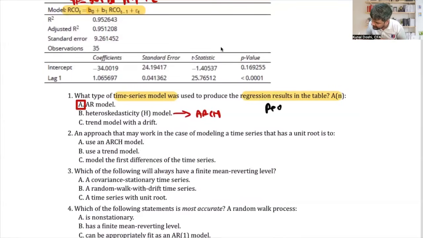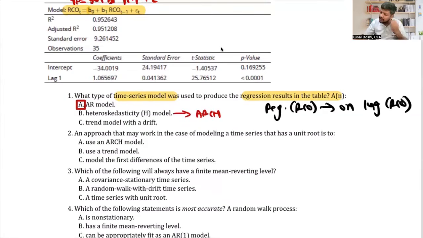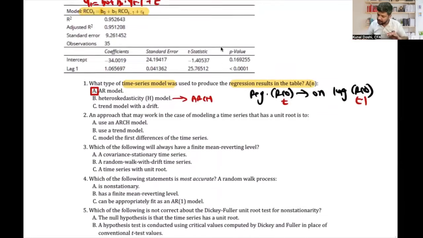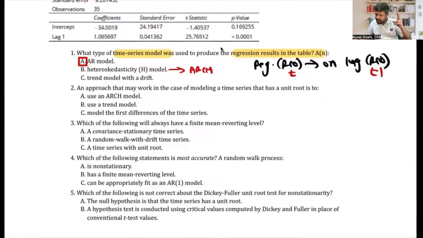Because you are regressing the current value of RCO on the lag value of RCO, that is, RCO t based on RCO t minus 1. Whenever you are regressing on the lag value, it's an AR model, correct? You are regressing RCO on RCO itself. Okay, now the second one.